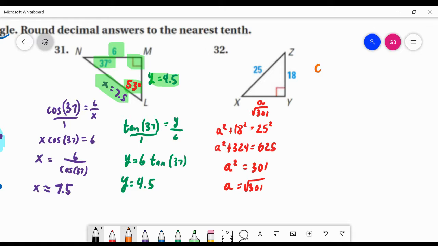So let's use cosine of z, which is adjacent over hypotenuse, so 18 over 25. So z is equal to the cosine inverse of 18 over 25, and that is 43.9 degrees.